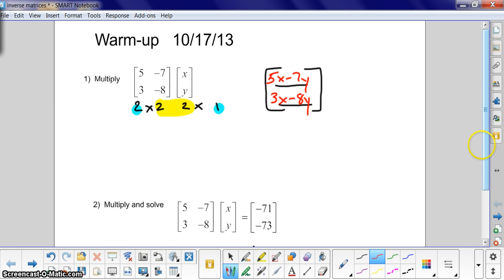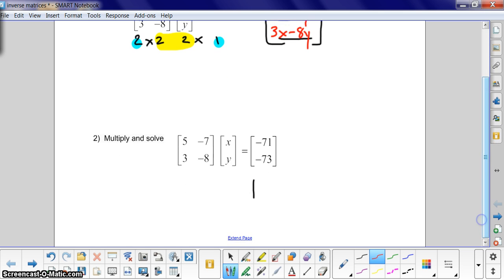So now we're going to go ahead and use that and look at problem number 2. Can you multiply these together and then solve? Because what ends up happening is I multiply these two together, and notice that we just did that right there. So I end up with 5x minus 7y and 3x minus 8y.